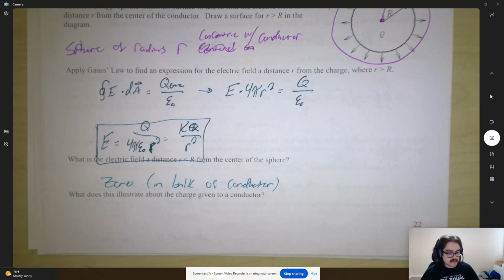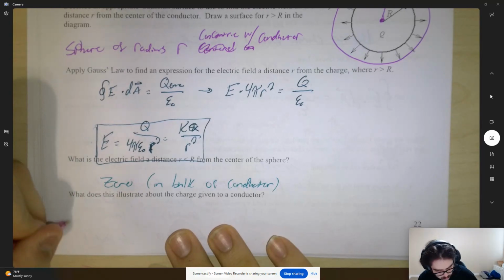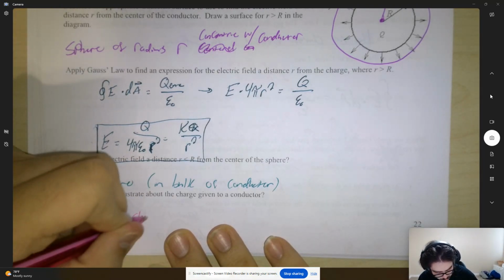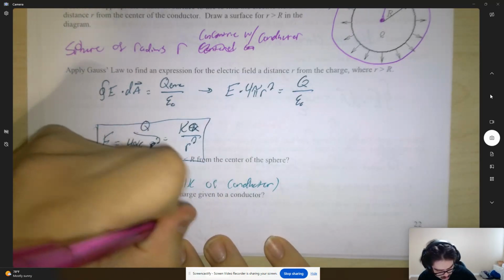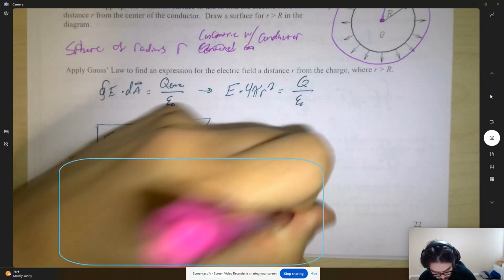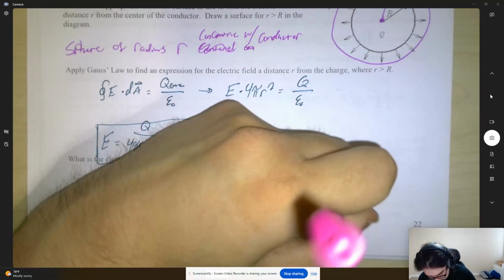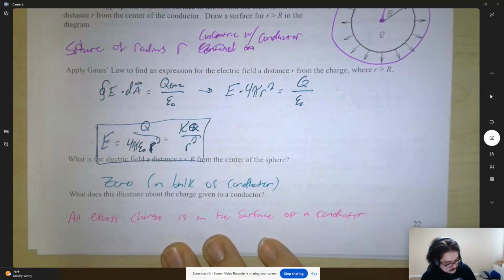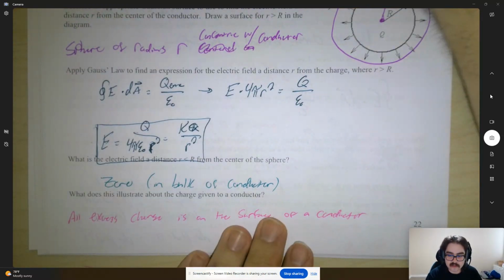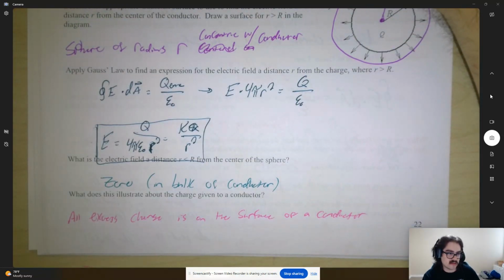And what this means is that all excess charge is on the surface of a conductor. So all that excess charge moves to the surface of the conductor. There's none inside of the conductor. It all goes to the surface.